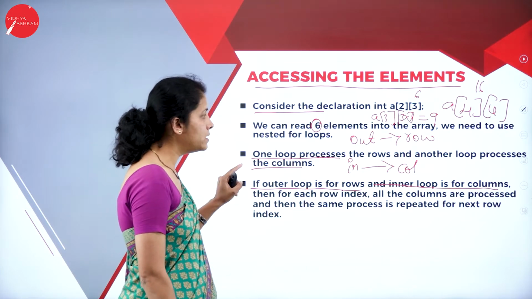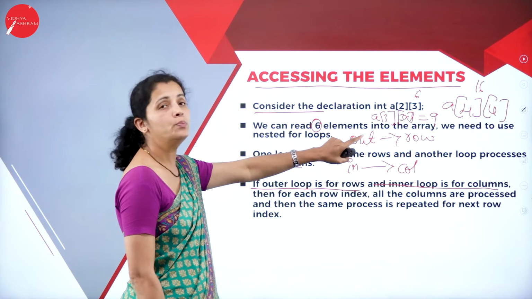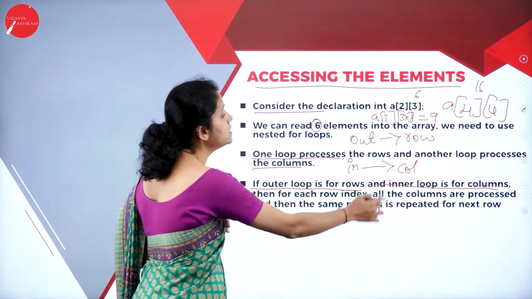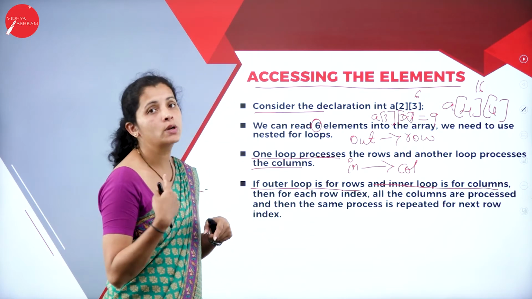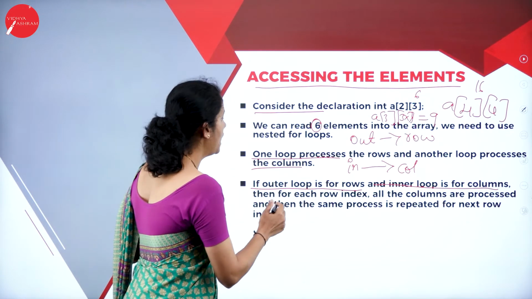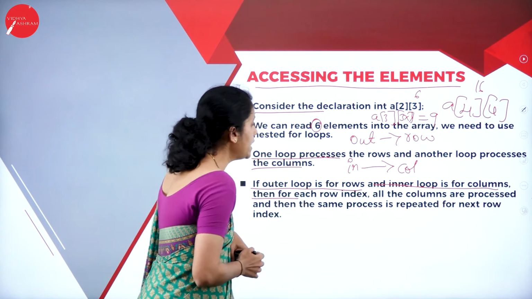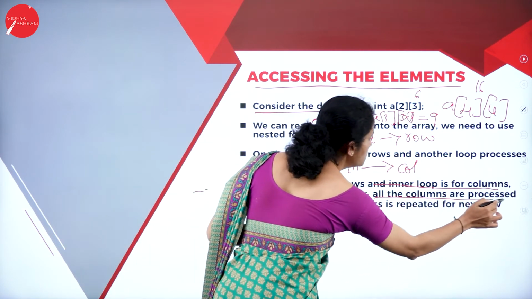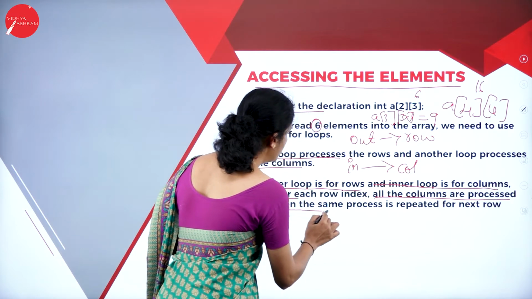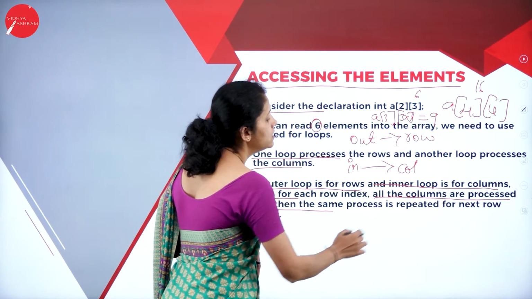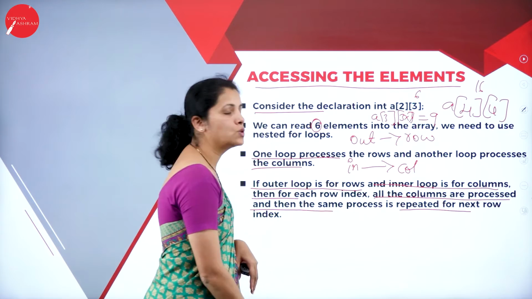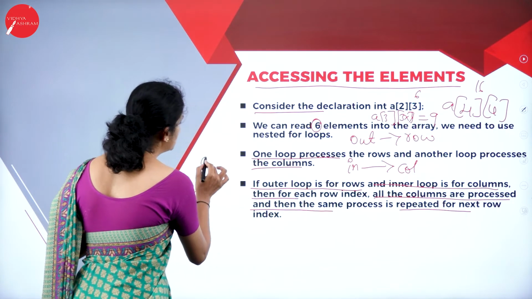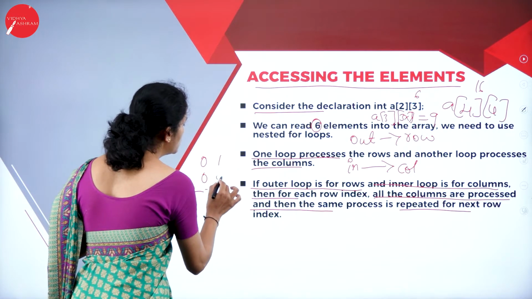I want to remember that my outer loop is always used to represent rows and my inner loop is always used to represent columns. And for each row index, all the columns are processed, and then the same process is repeated for the next row index. Now, for example, think of 0,1 and 0,2.